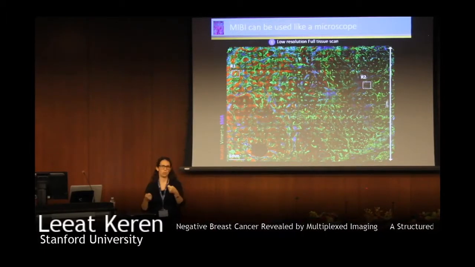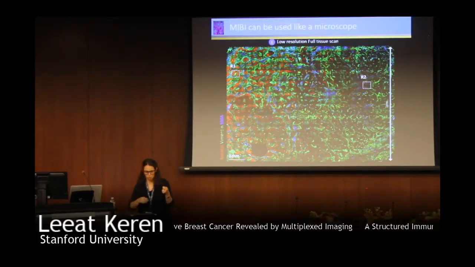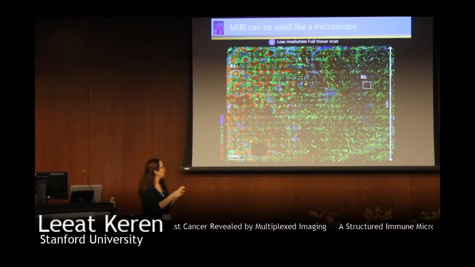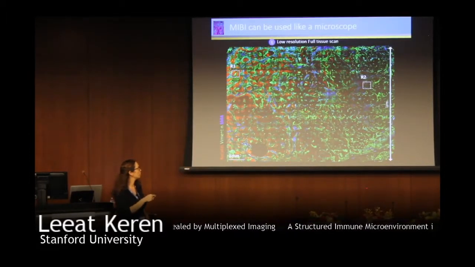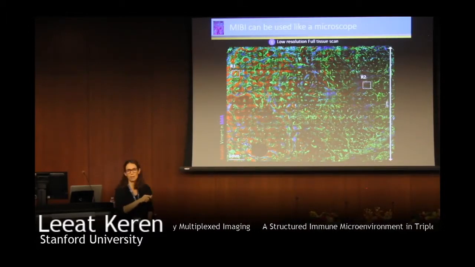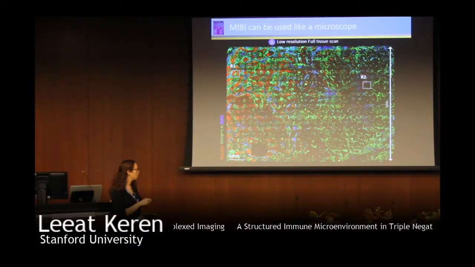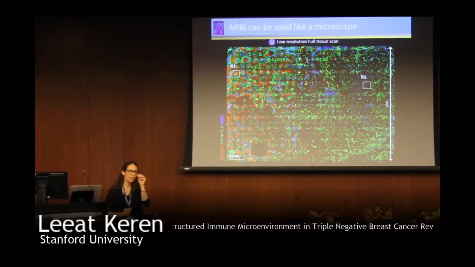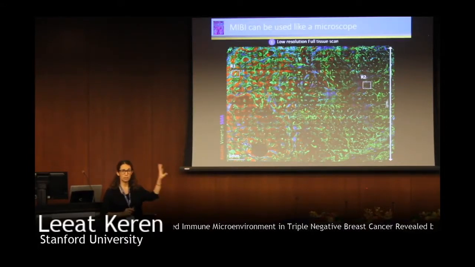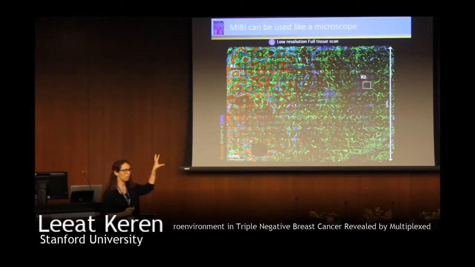So here, for example, this is what we call a full tissue scan. It's a 1 centimeter by 1 centimeter breast tissue, and we scanned this at very low resolution. So you can't really see all the intracellular features, but you definitely see the protein expression, and these are expression of 40 different proteins.